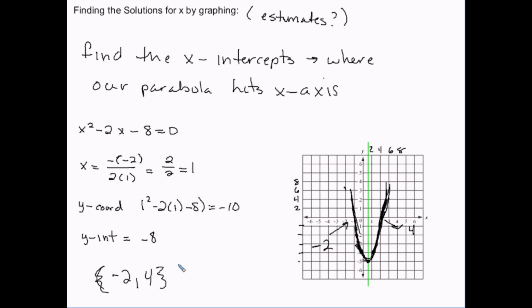Again, though, graphing is an approximation. This is not the best way to solve a quadratic equation because you can't always guarantee that you're going to get the correct answer. I recommend completing the square, quadratic formula, or factoring if you need an exact answer, and graphing if an approximation is okay.